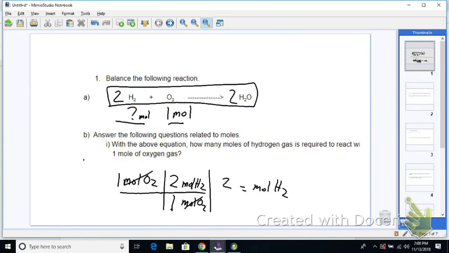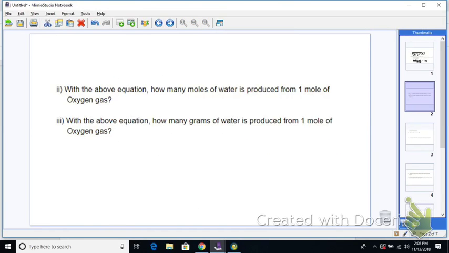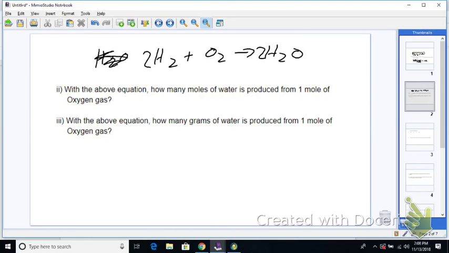So then the second problem is saying, if you have 1 mole of oxygen, this is for 2I. It looks like I'm doing 3I, but it's 2I. I got 1 mole of oxygen.